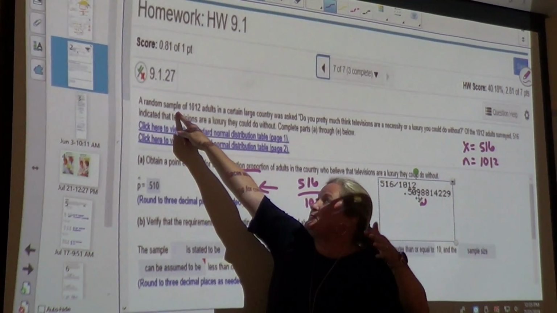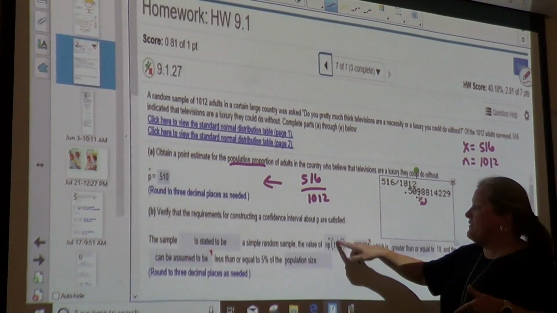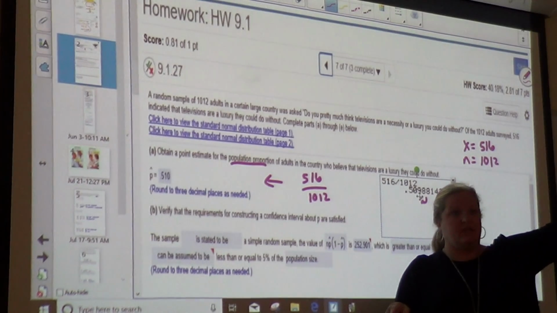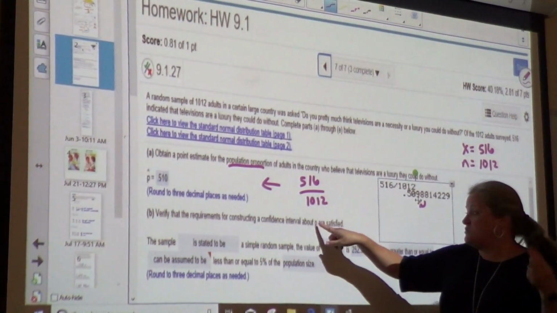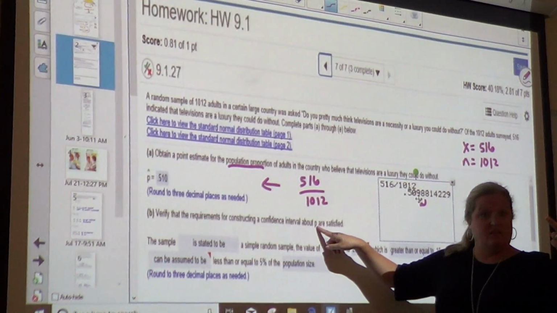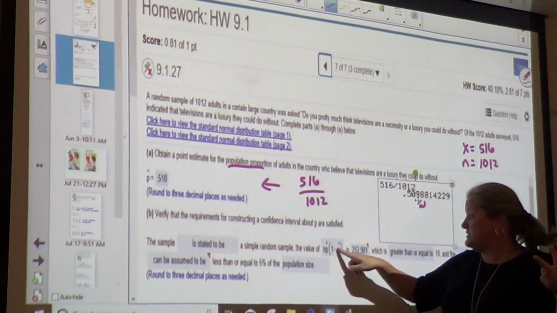They gave me lots of choices, but they stated that. They gave me N, they gave me N times P. But this is the only formula that was one of those two formulas that talked about satisfying the P. That was the only one of the two that matched the formulas.